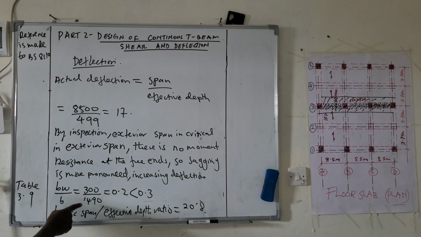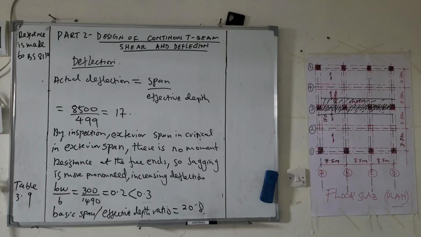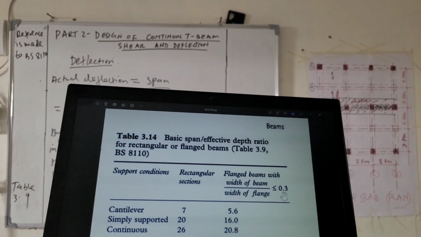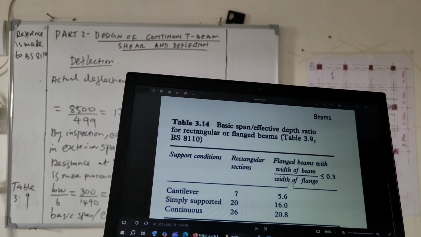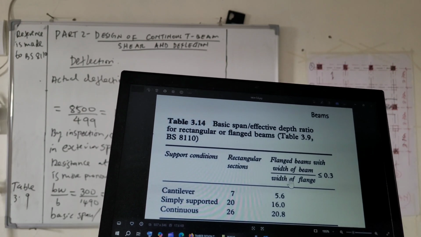And remember, the width of the flange should be less than the condition given: number one, the actual width of the flange itself, and number two, the web width plus LZ over 5, where LZ is equal to 0.7 times center to center distance of supports. So this is the table 3.19.